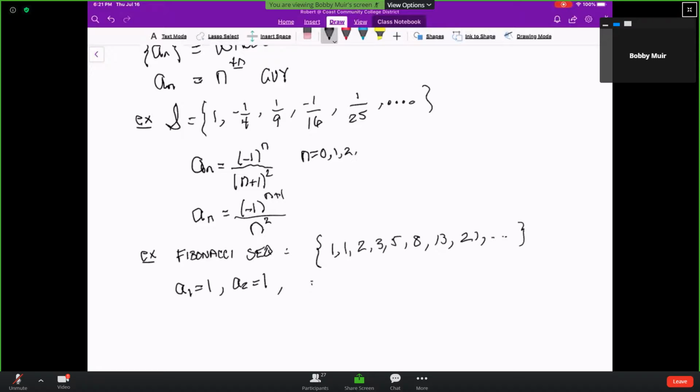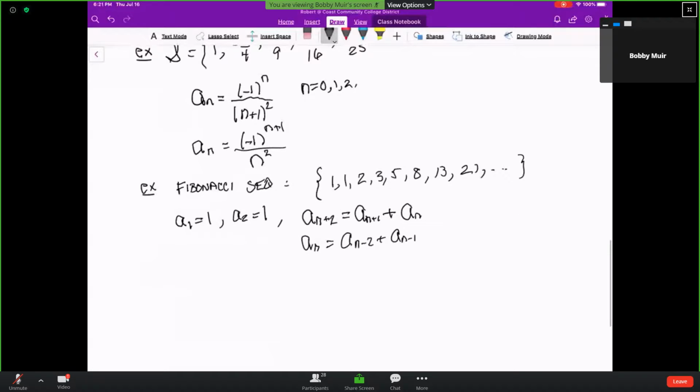Then A sub n plus 2 is going to be equal to A sub n plus 1 plus A sub n, where n can start at 1. If you want to count these differently, you could say A sub n equals A sub n minus 2 plus A sub n minus 1. That's also a way we could do that. A3 is still going to be A1 plus A2.